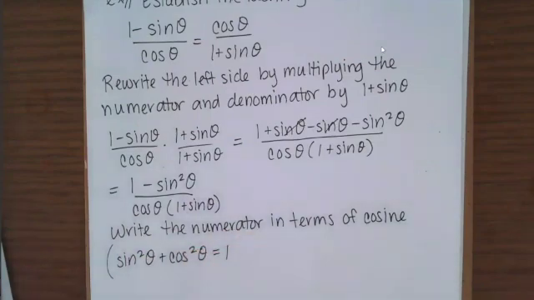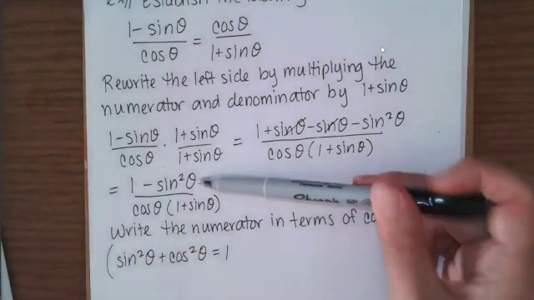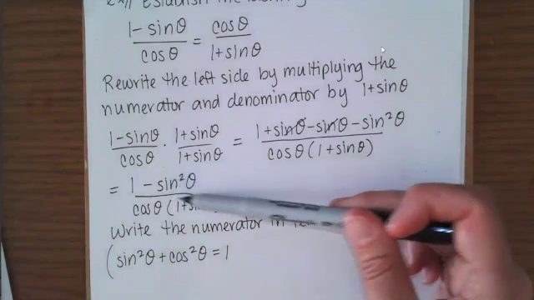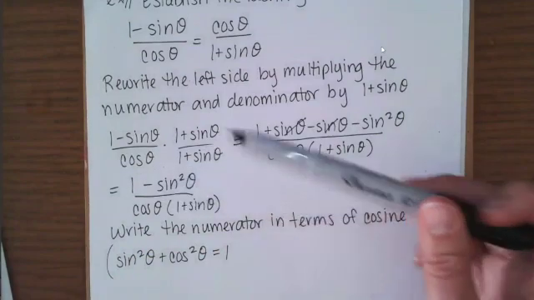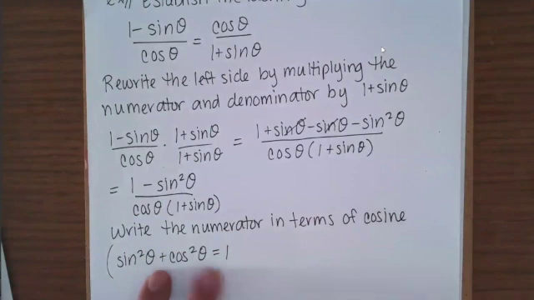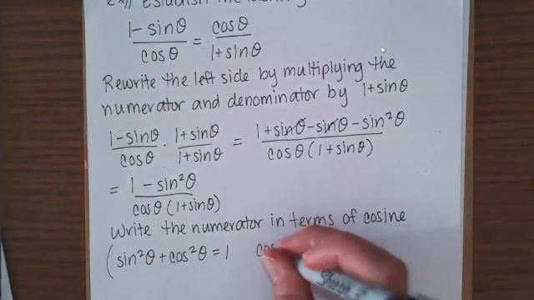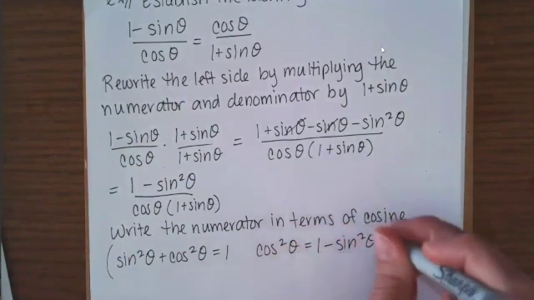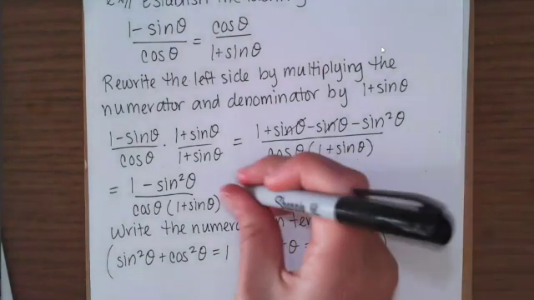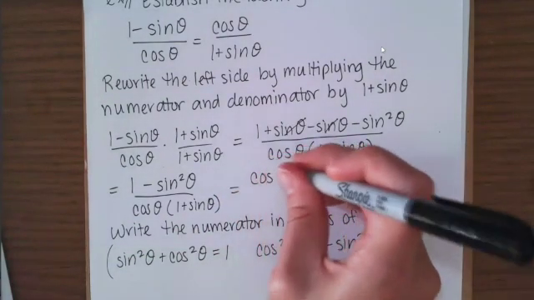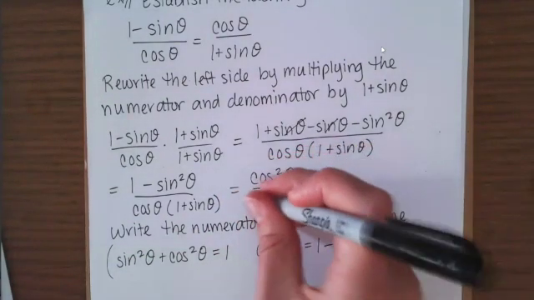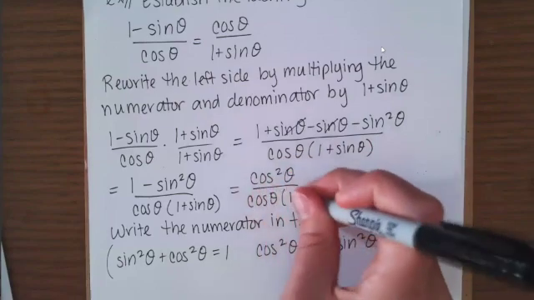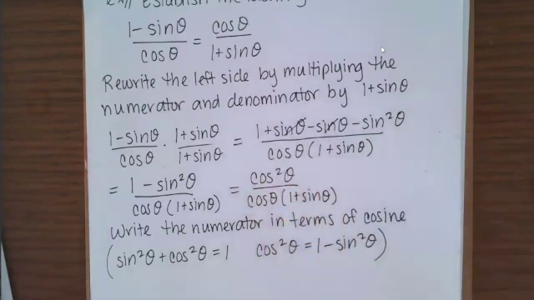So here what I want to do is I want to replace this with something in terms of cosine. So if we look at this equation, if I subtract sine squared from both sides, I get that cosine squared of theta is equal to 1 minus sine squared. So up here where I have 1 minus sine squared, I'm going to replace that with cosine squared. Okay, so we've written the numerator in terms of cosine.